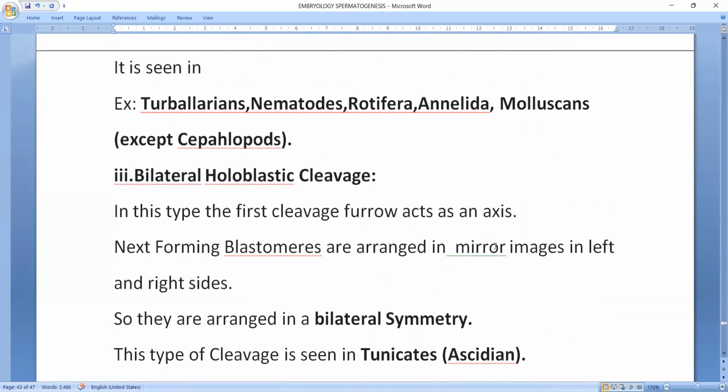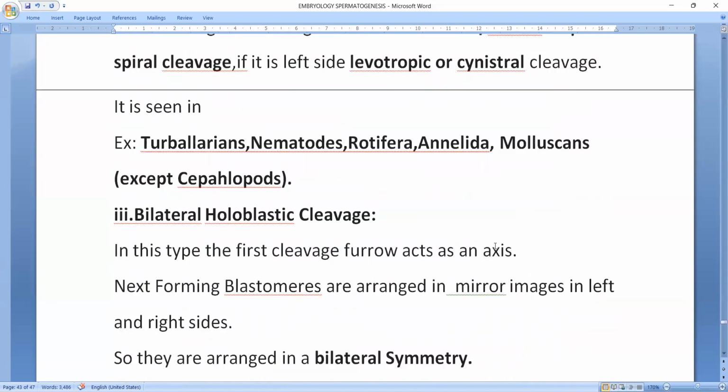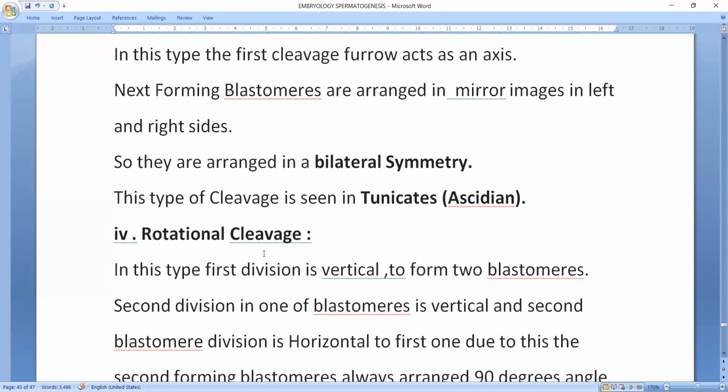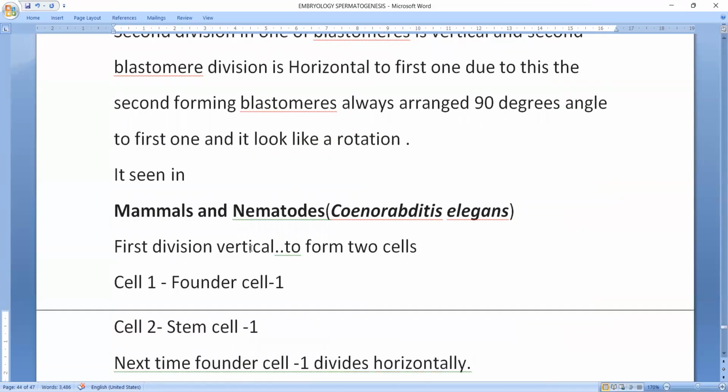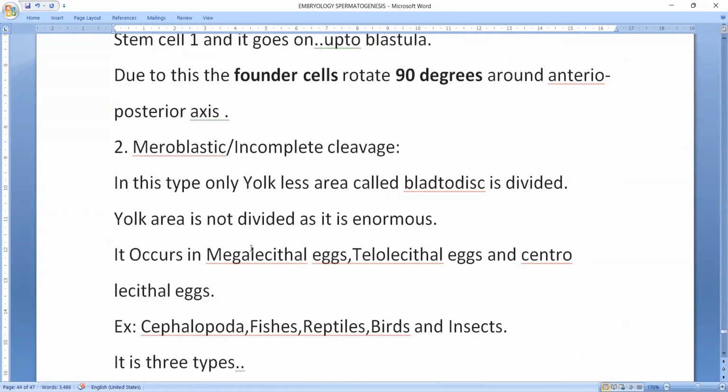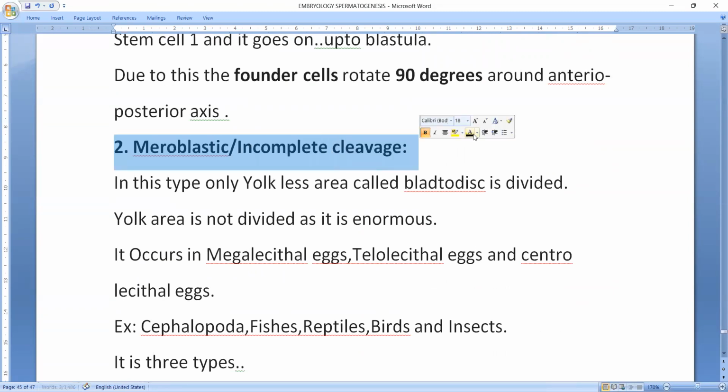Okay, then meroblastic cleavage or incomplete cleavage. What is meroblastic cleavage or incomplete cleavage?